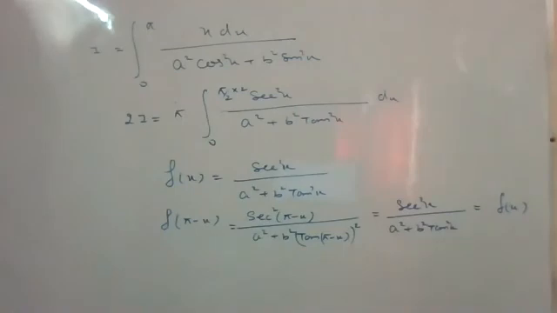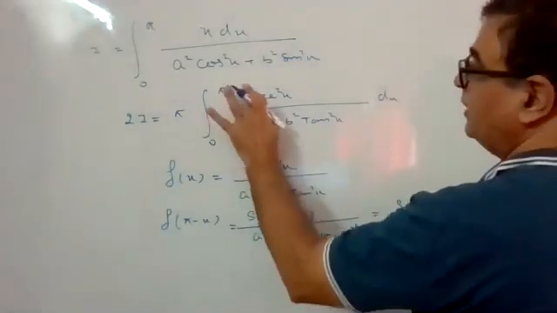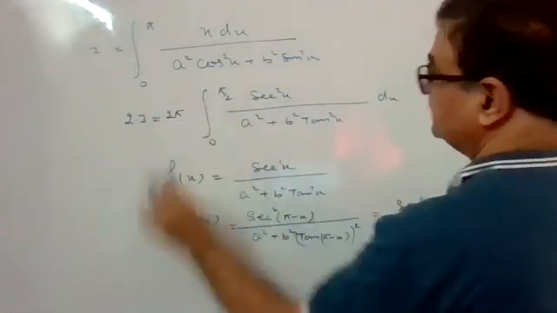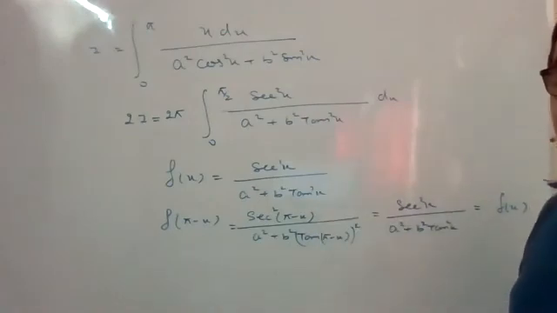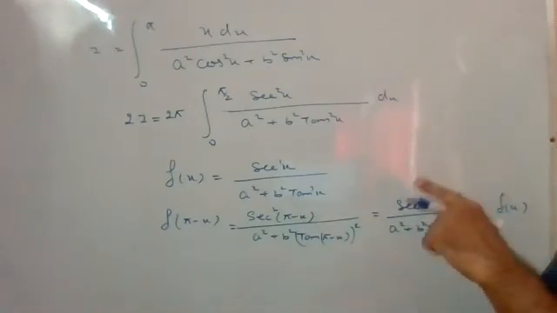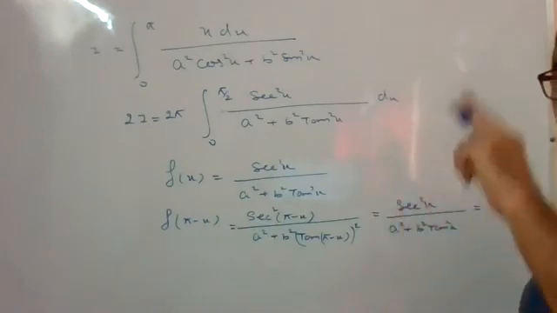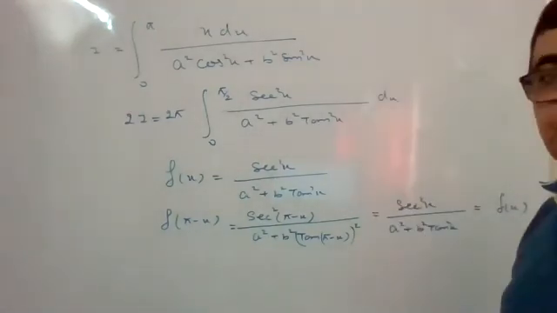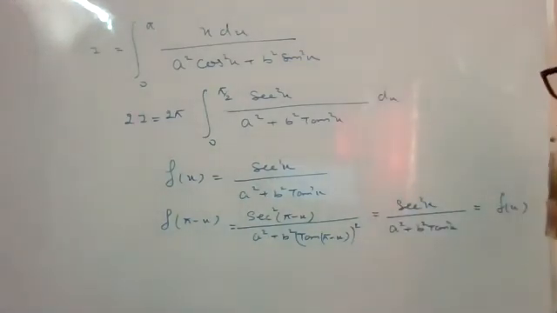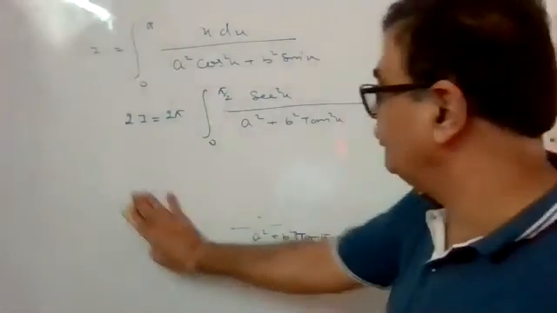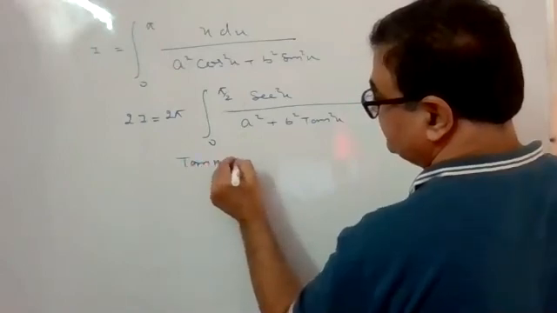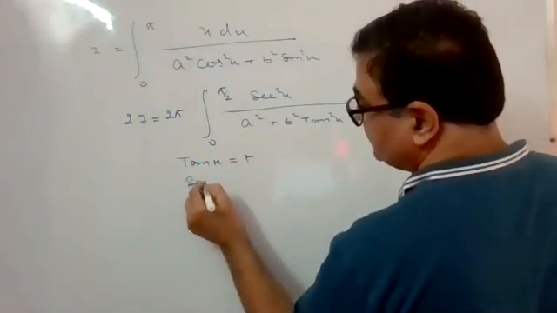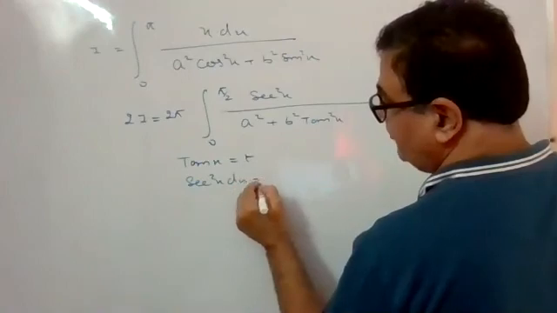And if this is f(x), then this 2 goes in as a multiple. Now we will take tan x as t. This was the important result: the limit had gone from 0 to 0, so we remove it by only the property 0 to 2a. Now I'll go for the question. Again I'll take tan x as t. Then sec square x dx comes out to be dt.